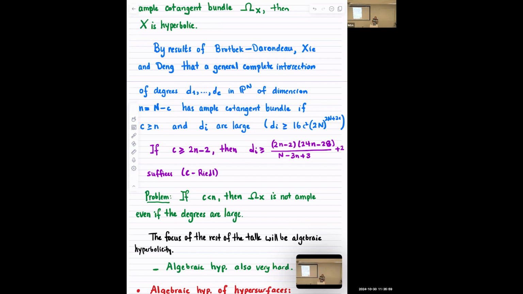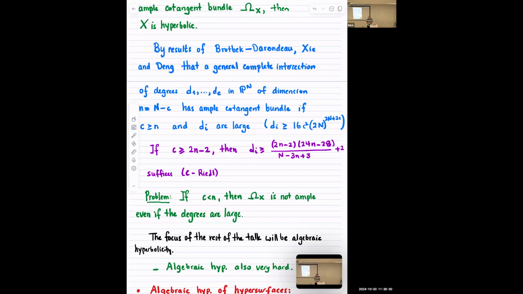But here there is an interesting question that I don't know the answer to. Maybe a grad student or somebody can work on it. What this says is that if I take complete intersections of cubics, as long as my dimension is small compared to my codimension, then such a variety, if you take general cubics, is hyperbolic.